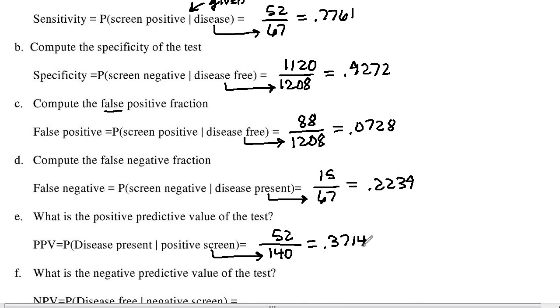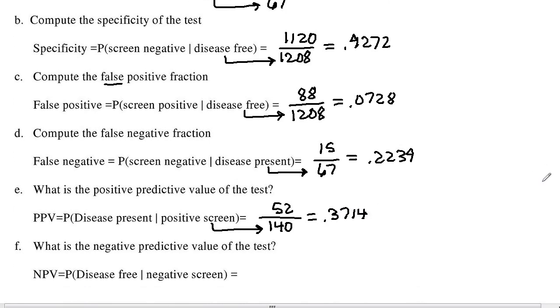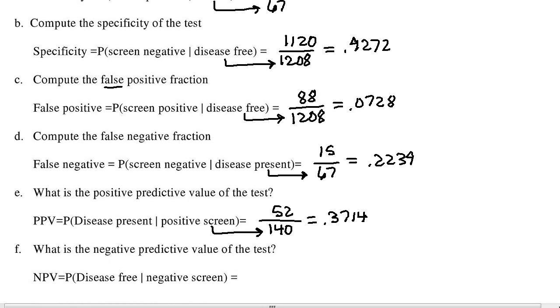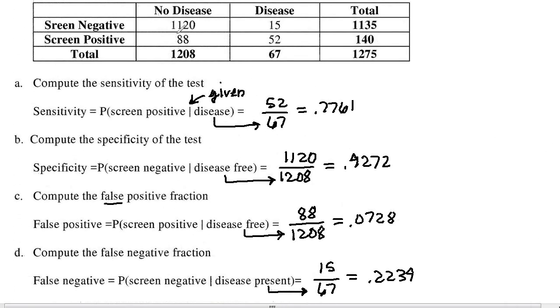And then to finish up, we will ask the negative predictive value here, so NPV, and that's the probability that a person was disease-free given that they had a negative screen. So we're only considering negative screens, and then out of those, how many were disease-free. So negative screens were 1,135, and the ones that were disease-free were 1,120.